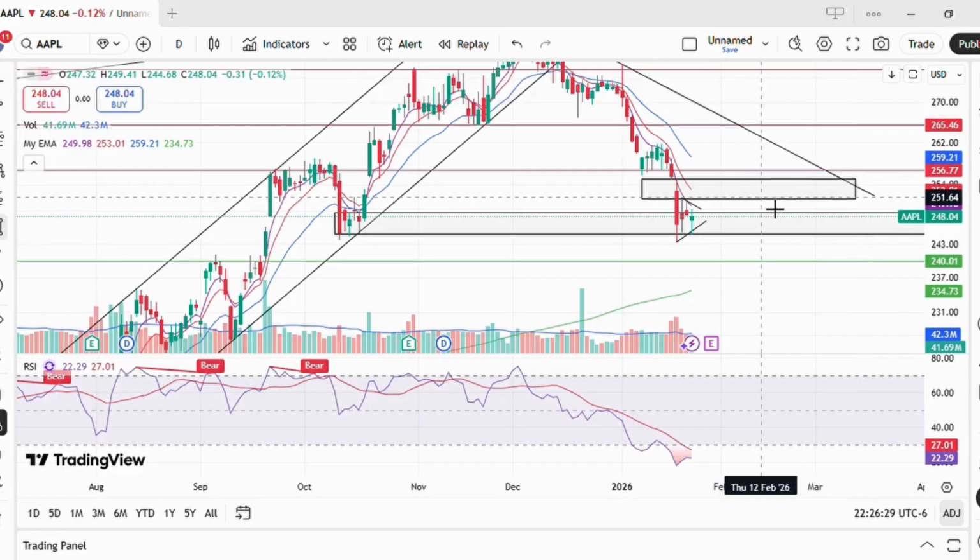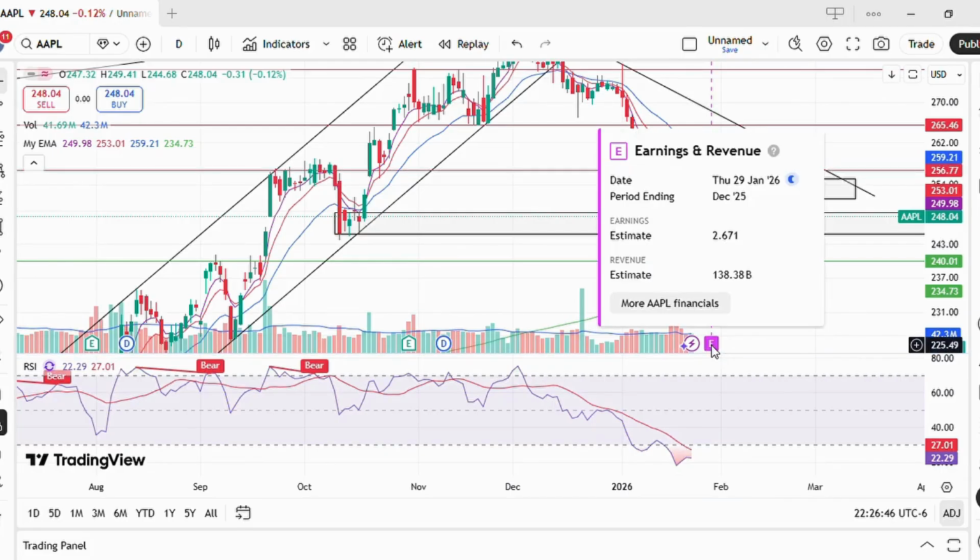Also we have this overhead resistance at 256.7, and we have earnings on 29th Thursday.